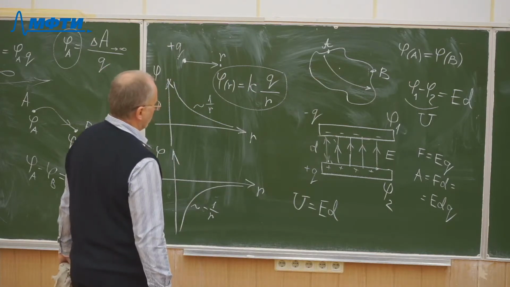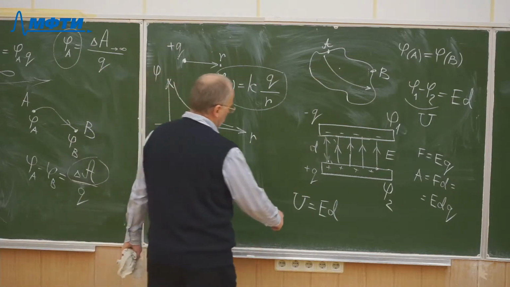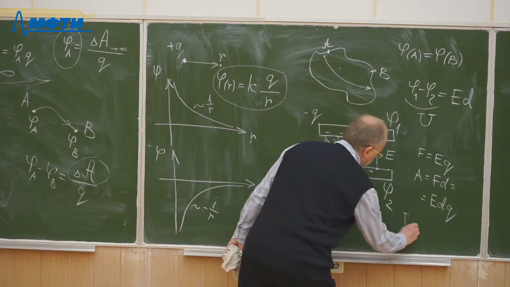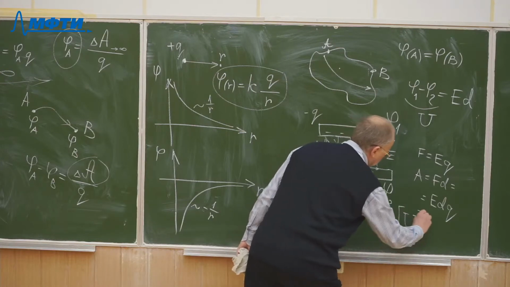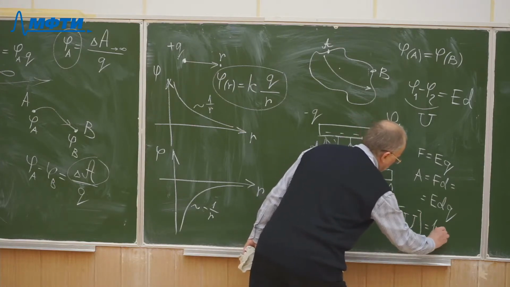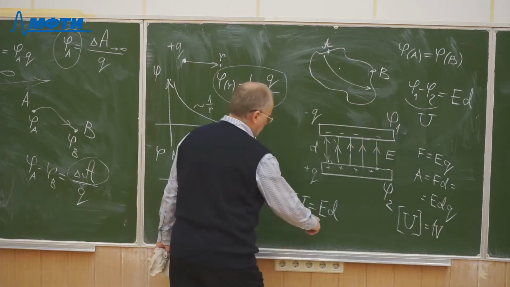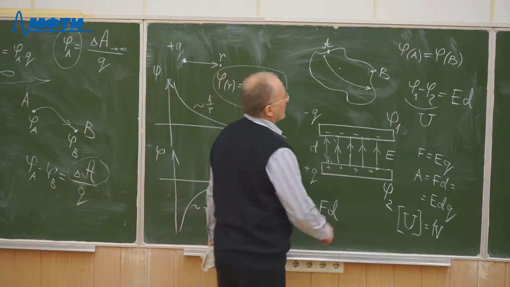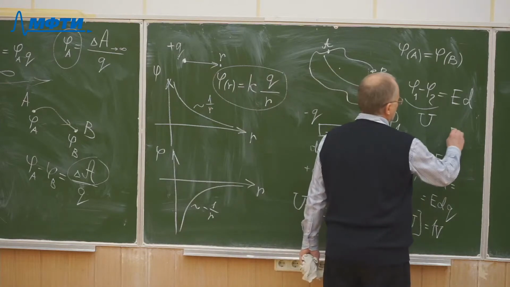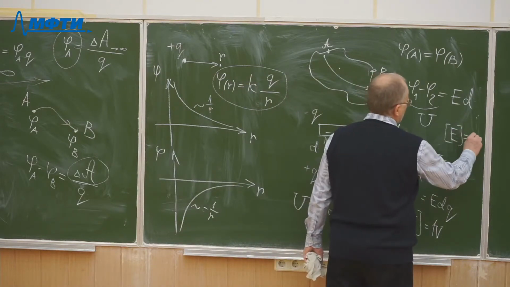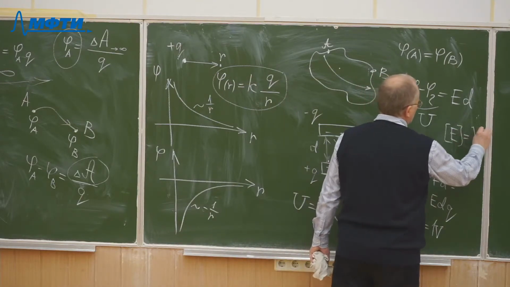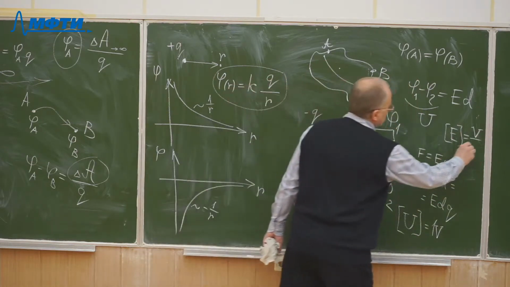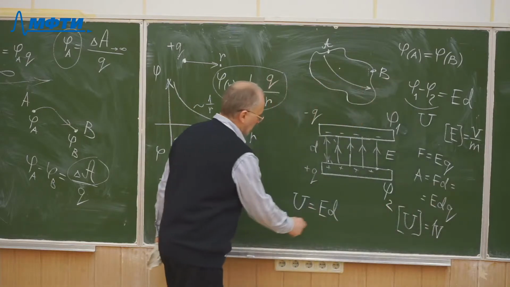And the voltage is measured in volts. And for this reason, electric field strength is measured in volts divided by meter, as follows from this formula.